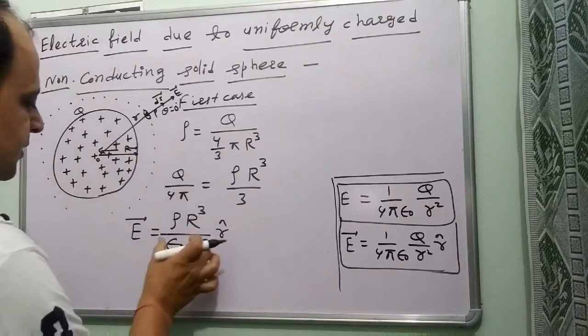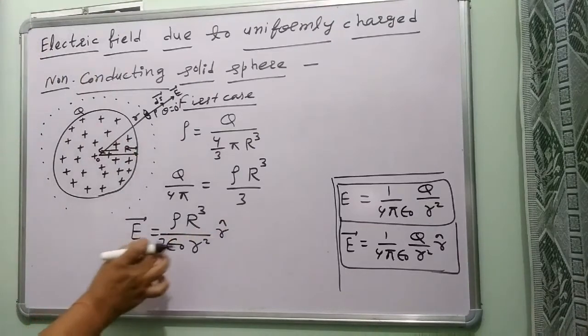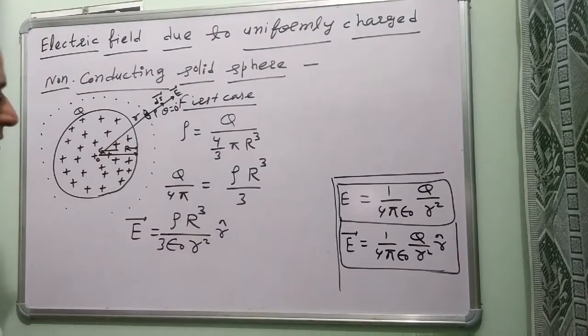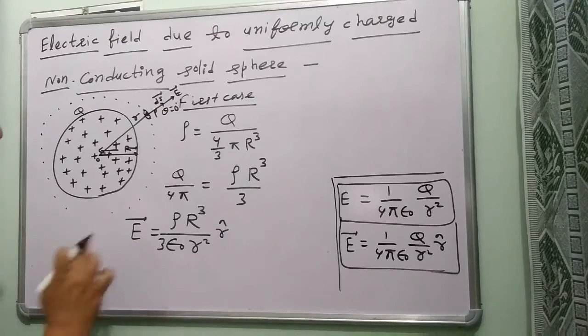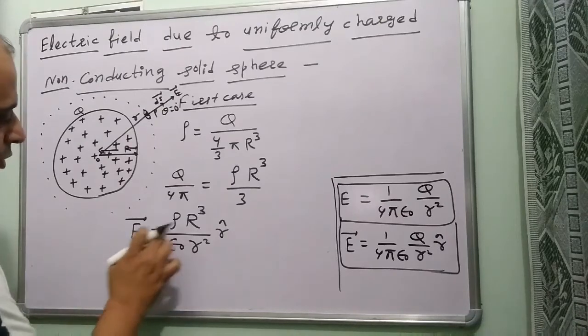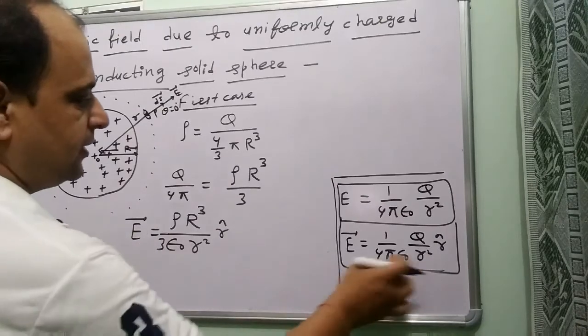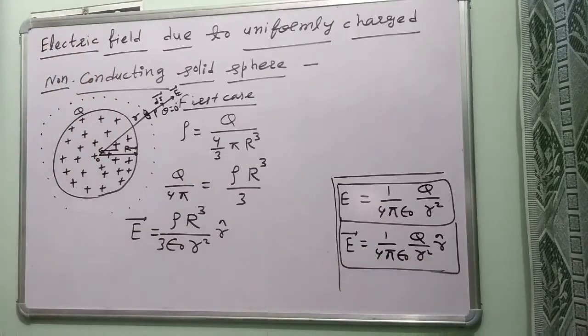This is the electric field in the form of volume charge density. Remember this formula too. This is the direct formula outside the sphere for a uniformly charged solid sphere.